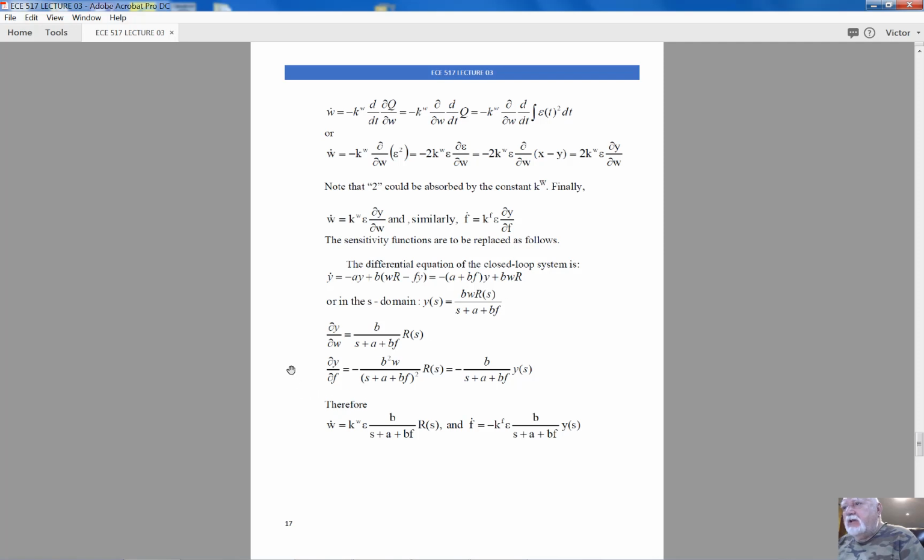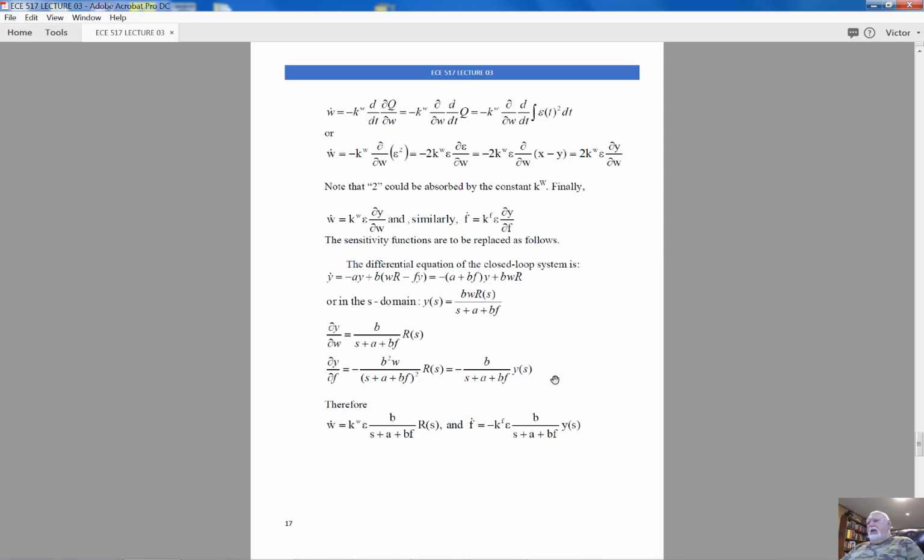And let me tell you that the partial derivative of the output with respect to parameter W is this. And the partial derivative of the output with respect to parameter F is this expression.